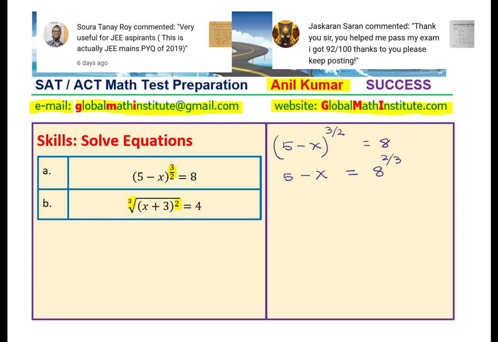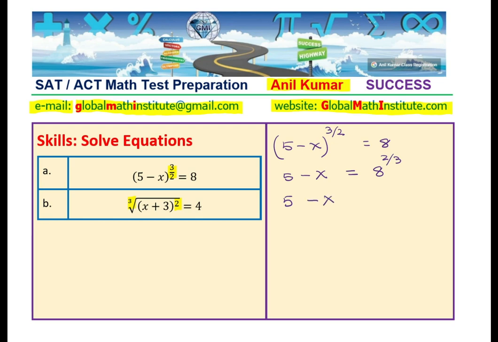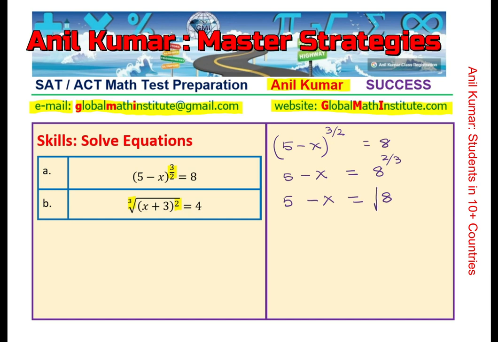Now, let us evaluate what is 8 to the power of 2 by 3. Let's understand it better. We have cube root of 8, right, which is 2, as you know, and then we can square it. Make sense? Cube root of 8 is 2, and then we have 2 squared, which is 4.